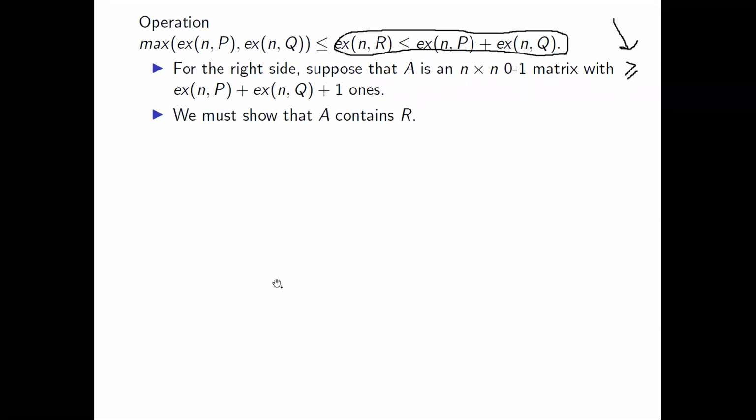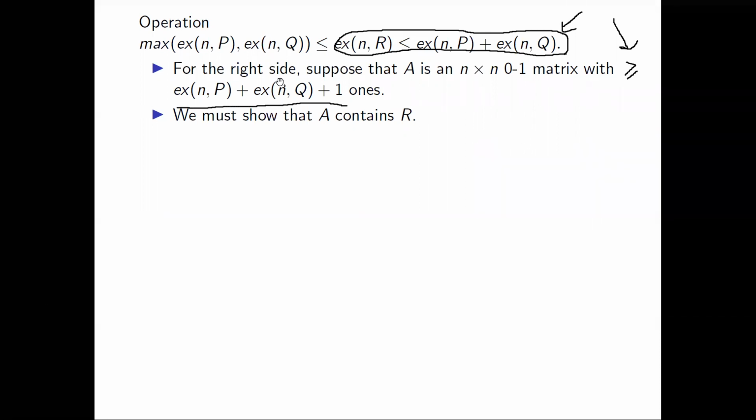And like I said, the strategy here is to show that if you have more ones than the bound we're trying to get, we have more ones than that because we have at least that plus 1 many ones. So we need to show that if we have too many ones, we contain the pattern that we're trying to avoid. So we need to show that this matrix A with too many ones contains R.